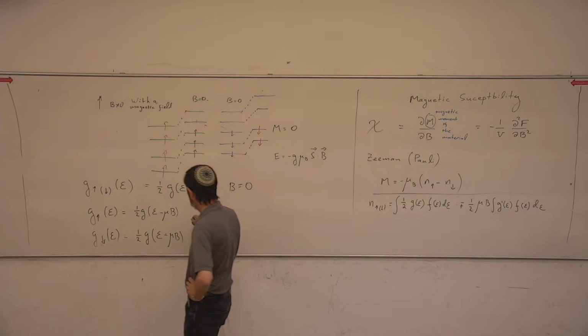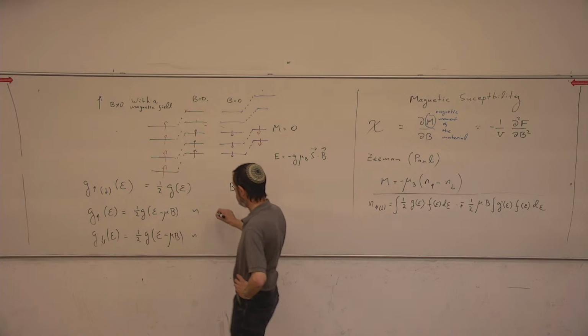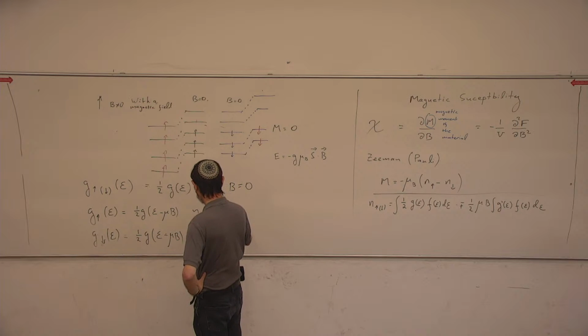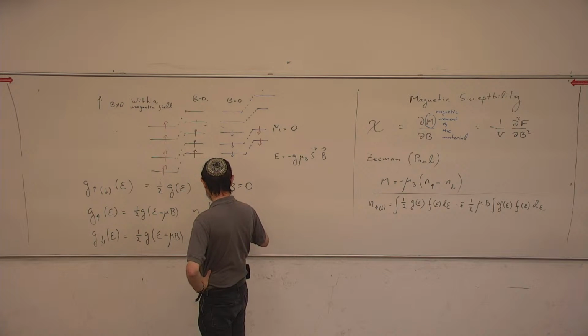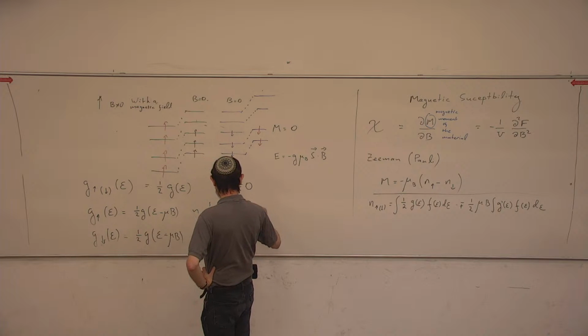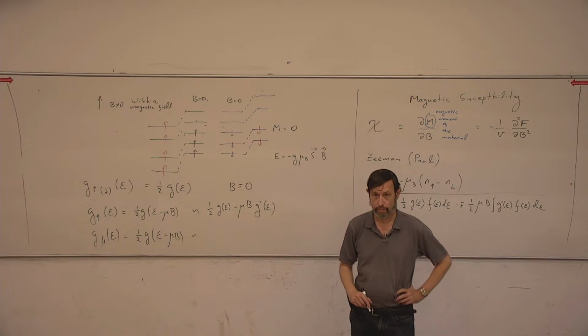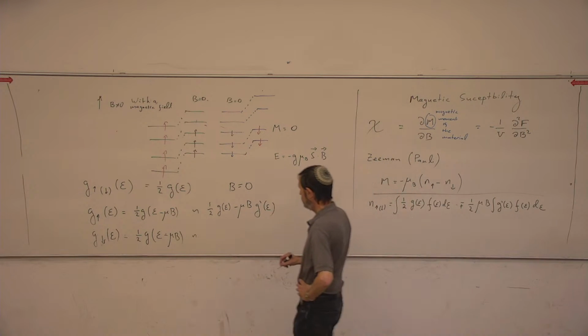I took each one of these terms and wrote, since the magnetic field is very weak, that's susceptibility. And the same here.